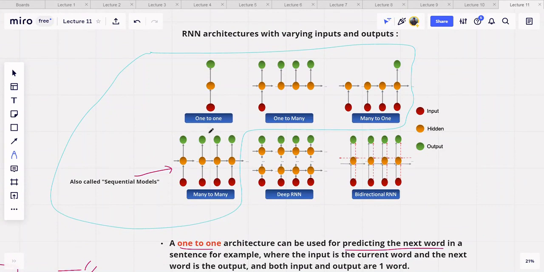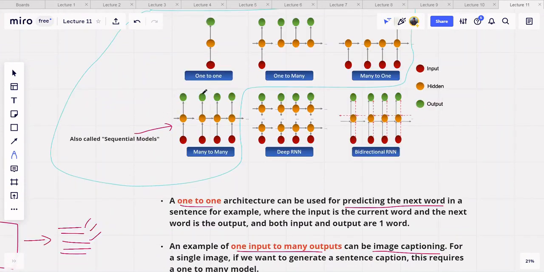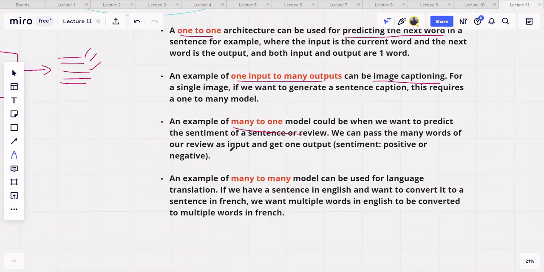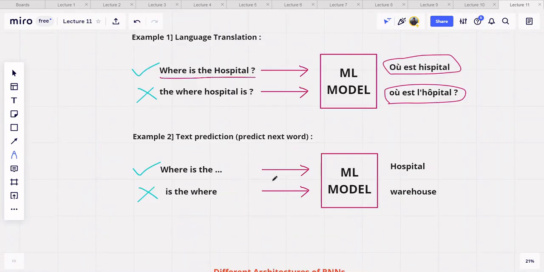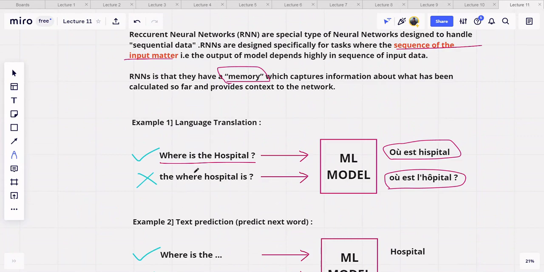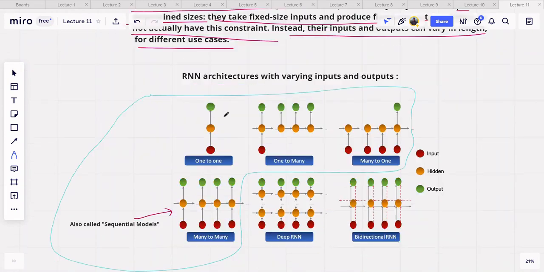Now another architecture is many to many. A very good example for many to many architecture is language translation. You saw here that we can give multiple words to the model. When I say many to one, or one to many, the word many represents multiple words.